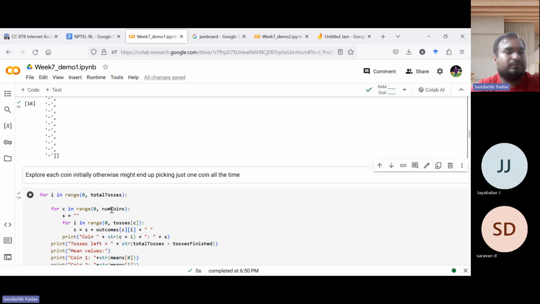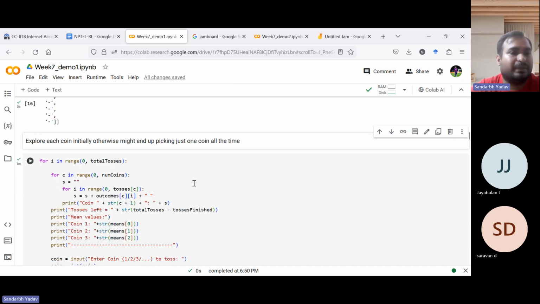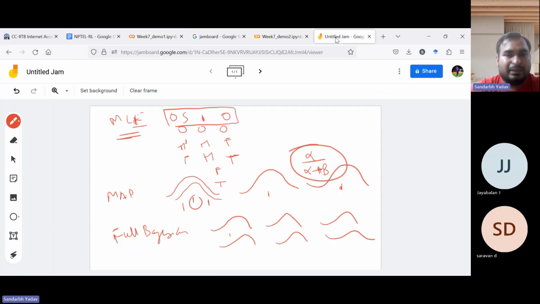So this is outcomes. One more thing to note in MLE is that you need to explore each coin initially. Otherwise, suppose you toss one coin. Maybe I'll show in this. There are three coins, one, two, three. You toss this coin and it gave head. And you have initialized the probabilities of heads of all the coins to be zero. So this will have probability one after one toss.